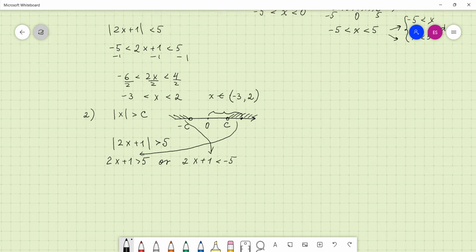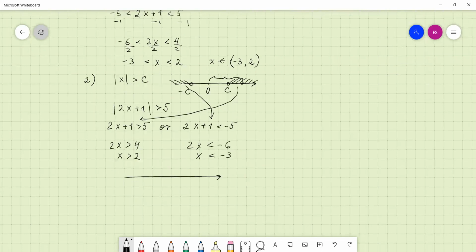You solve it like a normal linear inequality, and that's 2x, I guess, minus 1 here is going to give me 4, or x is greater than 2. And for this one, minus 1 is going to give me what? Minus 6, minus 1, minus 5, minus 6, and x is less than -3. Now, my suggestion is to graph your intervals on a number line and then give interval notation, because here it can be a little bit tricky. So I'm going to graph -3 here and 2 here.